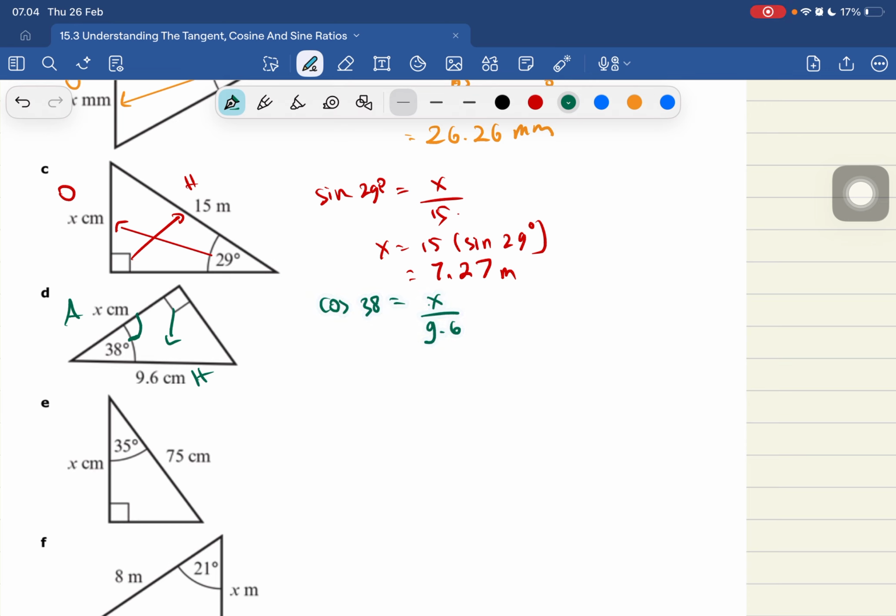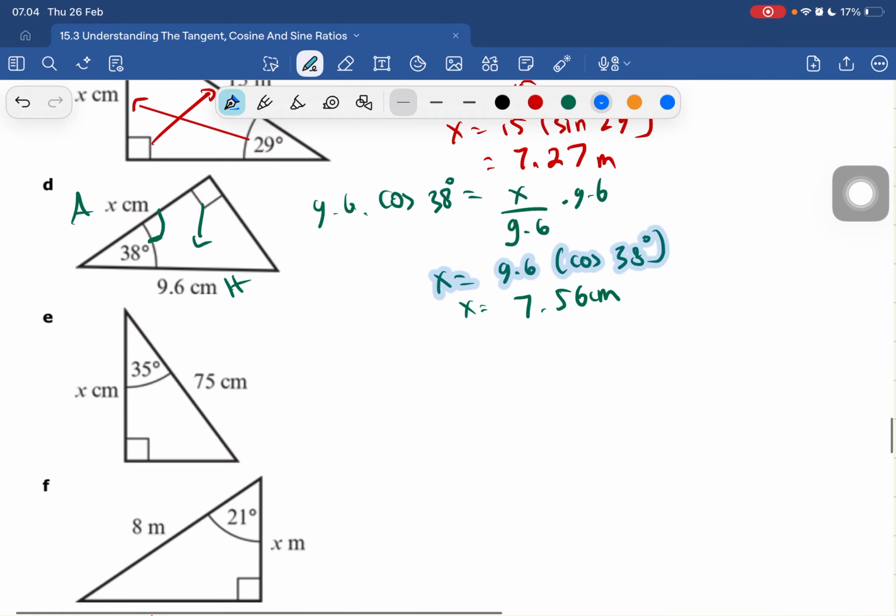Okay, to make it only x, we multiply by 9.6 both sides. So we got x equals 9.6 multiplied by cos 38 degrees. We have to use a calculator. Then we got x equals 7.56 centimeters.